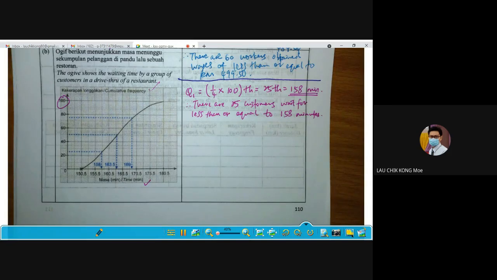Okay, Q2, Q3 continue. Q2, Q3 awak sambung. Okay, dah.